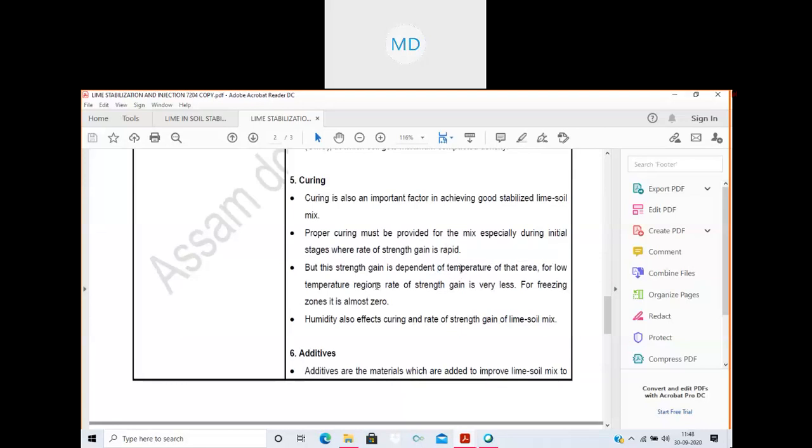For low temperature regions, the rate of strength gain is very less. So I have told you that lime stabilization of soil is most suitable where the climate is hot, in hotter regions. Okay, for colder regions it is not suitable. Humidity also affects curing and the rate of strength gain of lime soil mix.